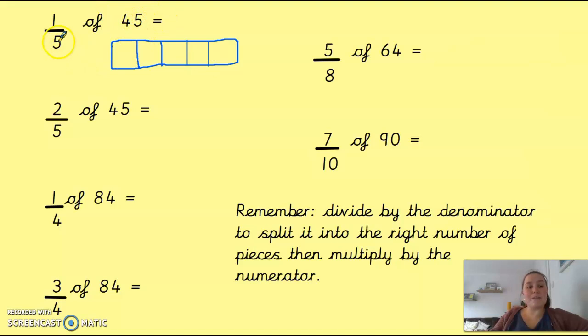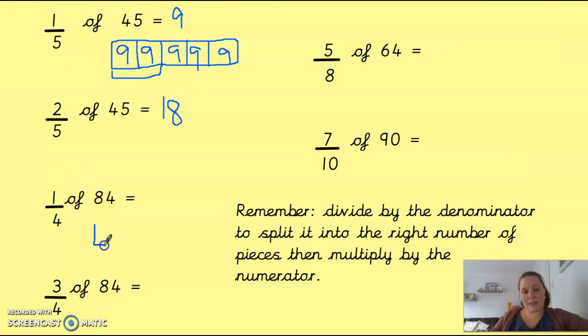I need to do 45 divided by 5, and I will get 9. And then each of my sections are worth 9. So 1/5 of 45, hopefully you should have got 9. Then for 2/5 of 45, we don't need to do any new working out. We just need to take 2 of the sections. 9 add 9, or 9 times 2 is 18.